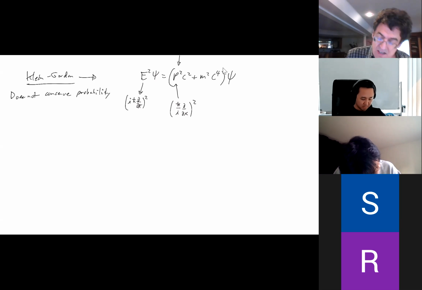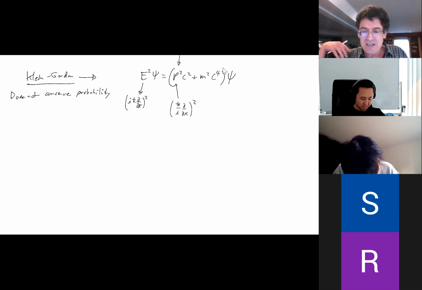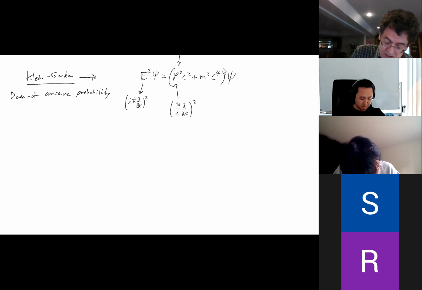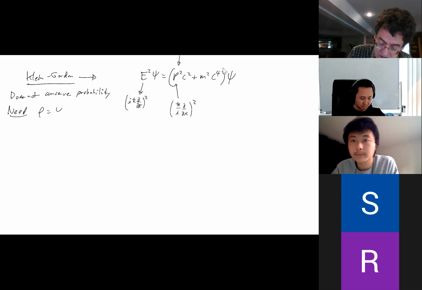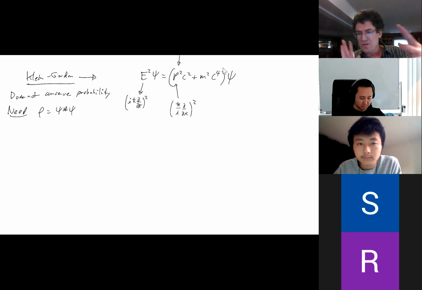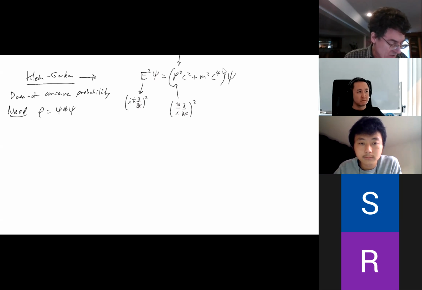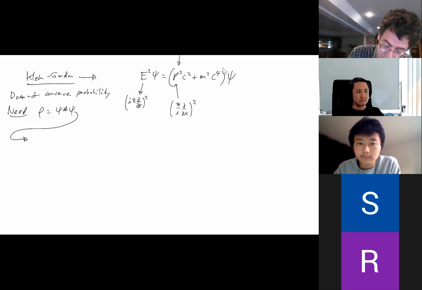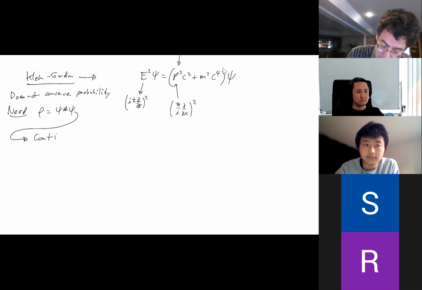What I mean is that for quantum mechanics to work, we have to have a probabilistic interpretation of the wave function. We need probability to equal psi star psi. We need to define a probability density, and then we need the probability to be conserved. What does probability conservation mean? One way to formulate it is that we need the continuity equation to work.